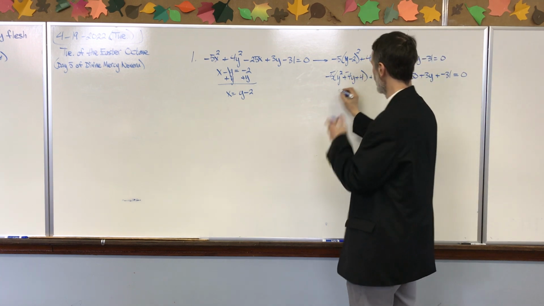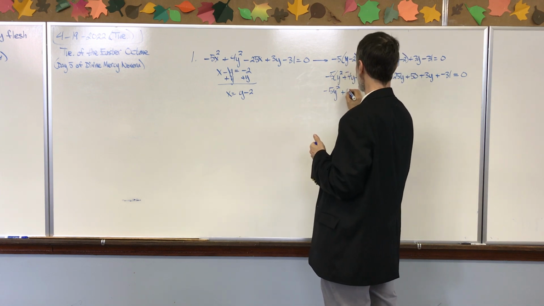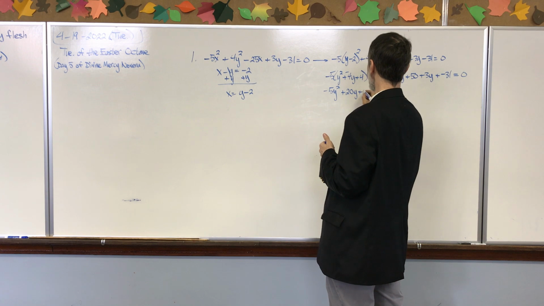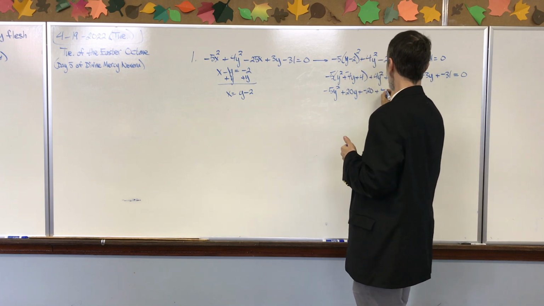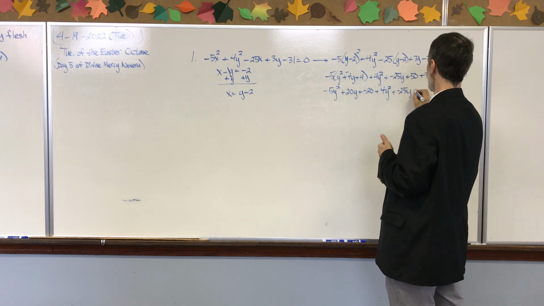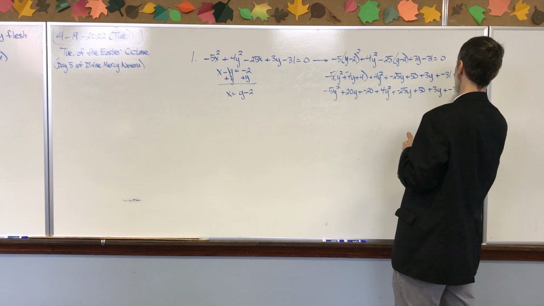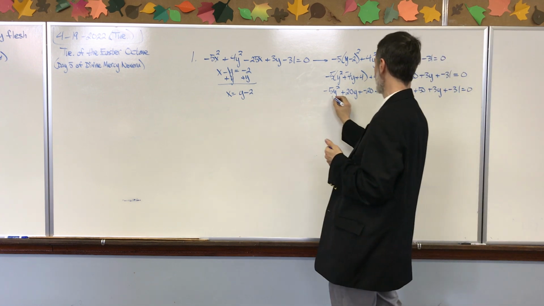I'm going to add the opposite here. Now distribute the negative 5: negative 5y squared plus positive 20y plus negative 20 plus 4y squared plus negative 25y plus 50 plus 3y, and so on, minus 31 equals 0. Now gather the like terms.